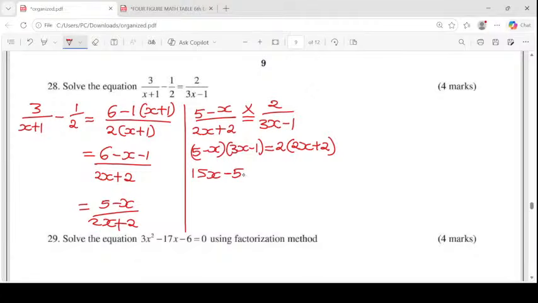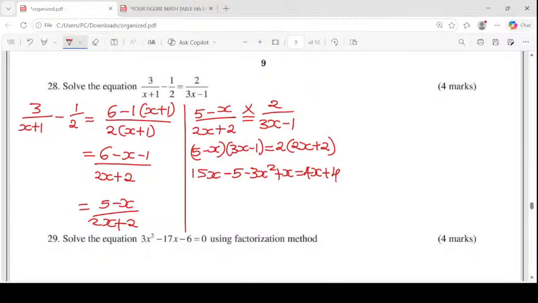Negative x times 3x will become negative 3x squared. Then negative x times 1 will become plus x, equal to 2 times 2x, which will become 4x. 2 times 2 will become plus 4.